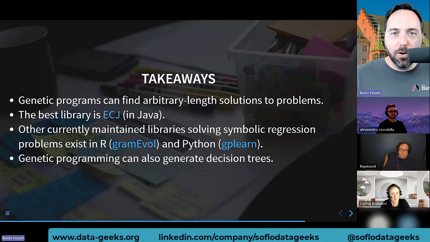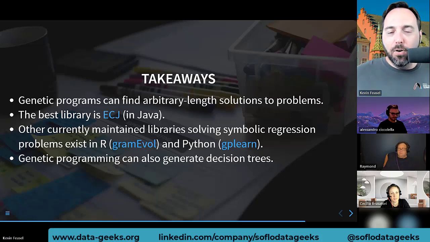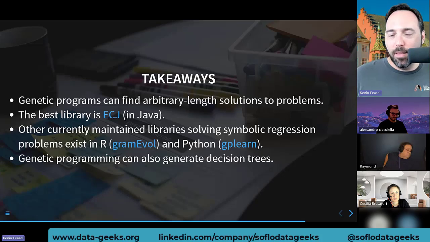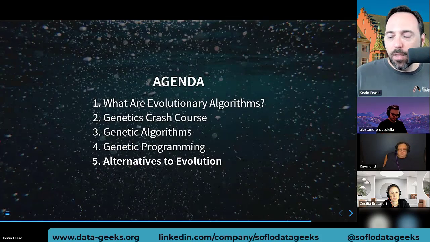Or in Python, there's GP-Learn, which is kind of scikit-learn flavored, but is for one aspect of genetic programming. The broad-based genetic programming concept is much more interesting, I think, than what we get just in terms of symbolic regression, but there are very few of those libraries outside of ECJ.